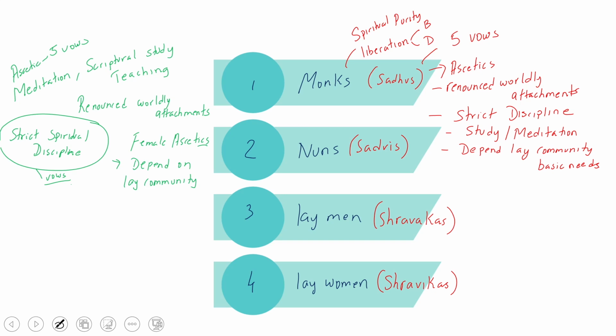So basically, if you look, the roles as well as the practices of both the sadhus and the sadhvis were in a way similar or same, you can say. And of course, the goal also was the same. You had spiritual purity and liberation.